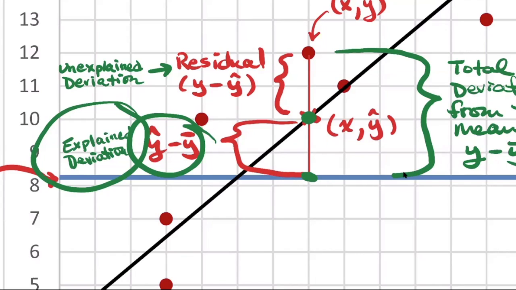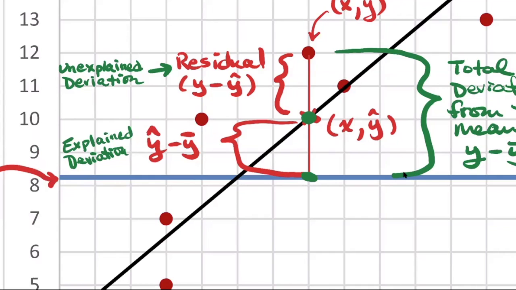That prediction is called y hat. And the deviation above average is y hat minus y bar. Okay, that's the explained deviation from the mean. It makes sense because you're using the number of weapons in the city to predict it.